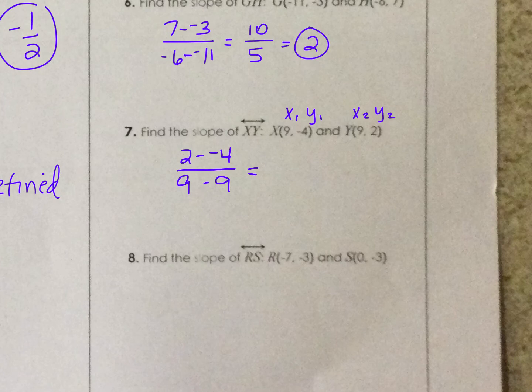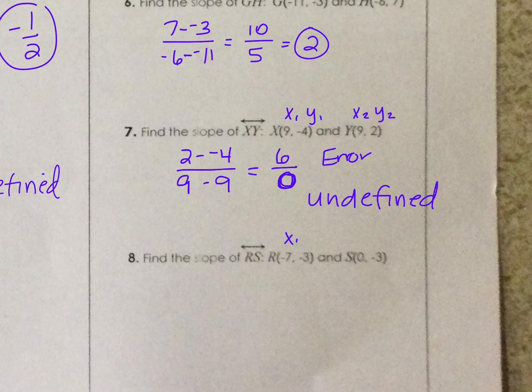All right, 2 minus negative 4 is a 6. 9 minus 9 is 0. If you type that in your calculator, it will tell you that that is an error, because I can't give you 6 of something if I have nothing. So that means that one is undefined.